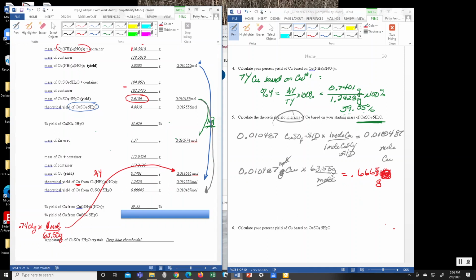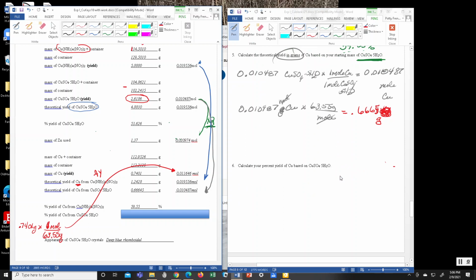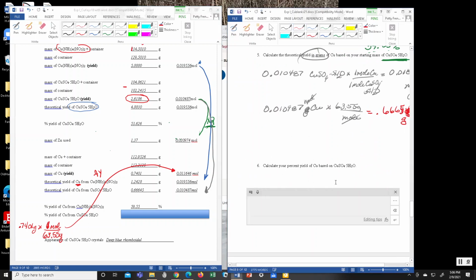So the very last question, oh my gosh, we're almost done. The very last question is to find the percent yield. And the percent yield again is actual divided by theoretical times 100. Our actual was 0.7401 grams.